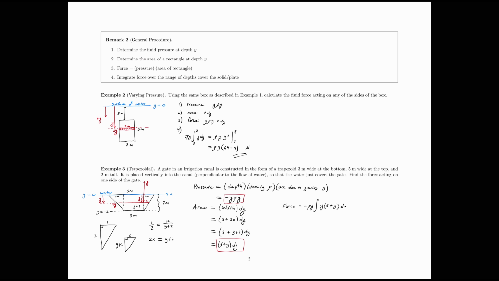And then we have to integrate over the range of y values that correspond to the surface of the plate. So the top of the plate is y equals 0. The bottom of the plate technically is y equals negative 2. So we would integrate from negative 2 to 0. And there we have it. This would give us the fluid force over the plate.